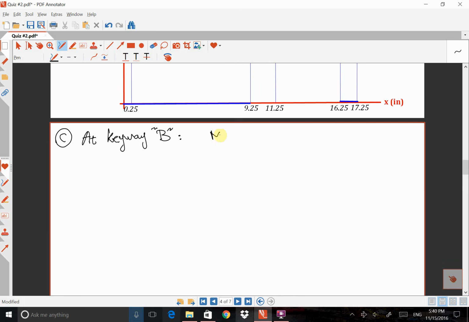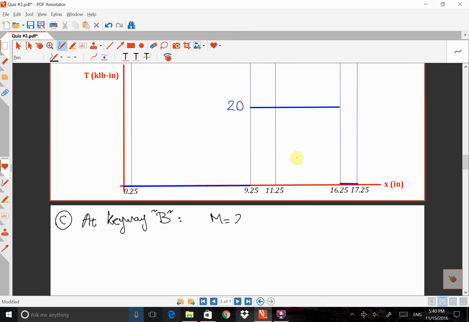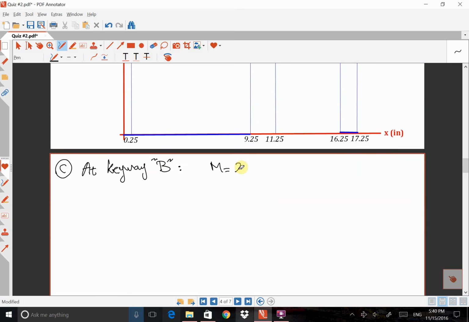Moment at this point is 16.36 and torque is 20, and both of them are in kilopounds times inch. Okay.